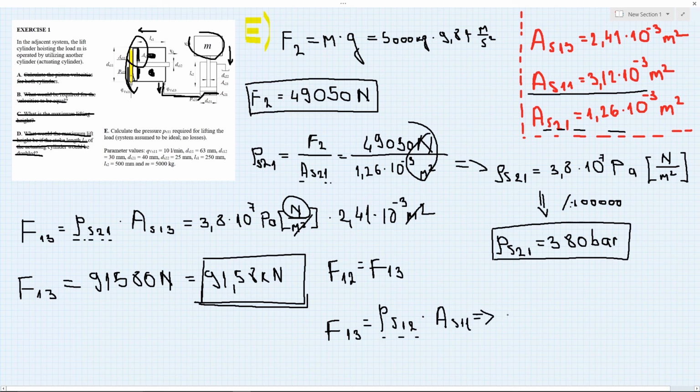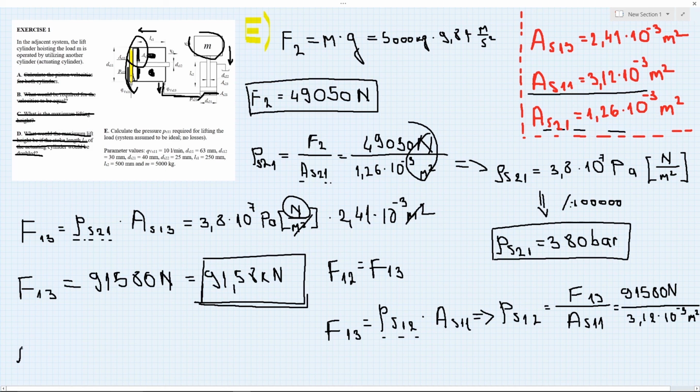So from this, we can calculate the pressure PS12, which is equal to force 13 divided by the area 11. The force we know in newtons is 91,580 newtons divided by the area, which is 3.12 times 10 on the minus third meters squared.